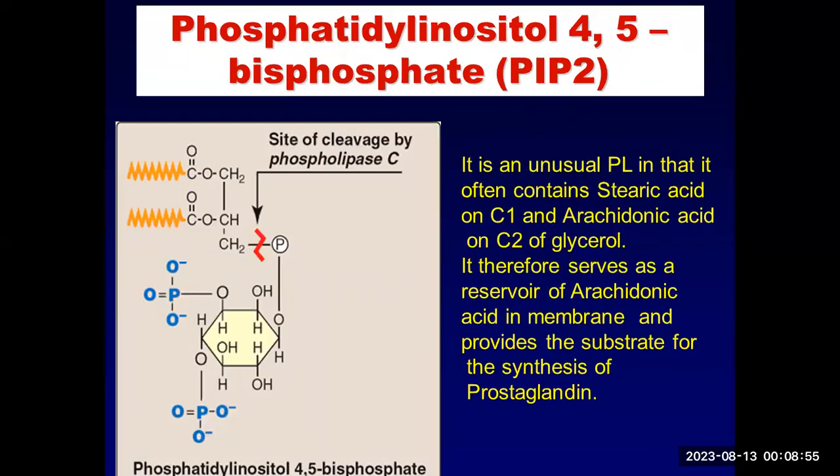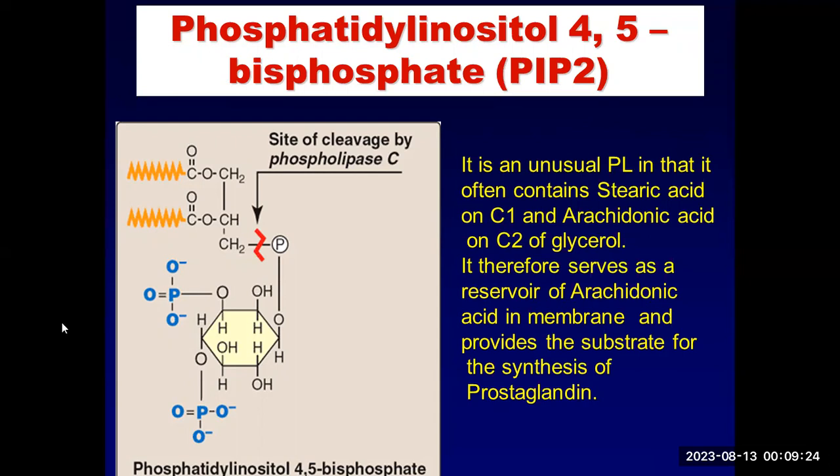Phosphatidylinositol 4,5-bisphosphate. Now let me remind you that 4,5-bis has 2 phosphates at 2 different carbons. If more than 1 phosphate or any additional group is present at the same carbon, then it is known as bi or di, and if they are attached to 2 different carbons, then it is known as bis.